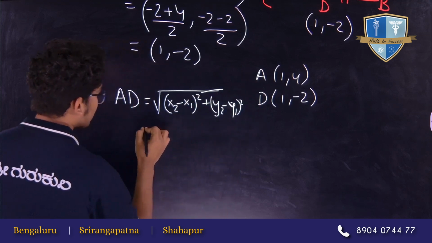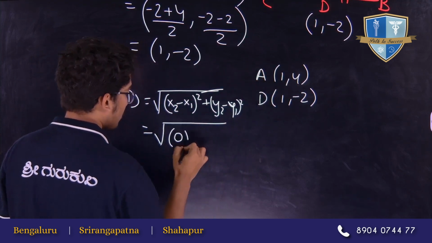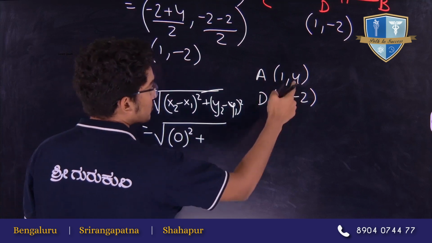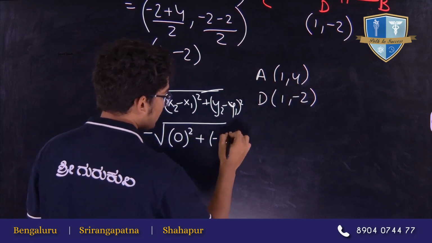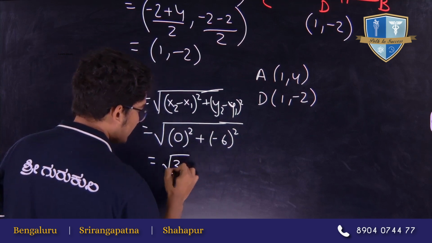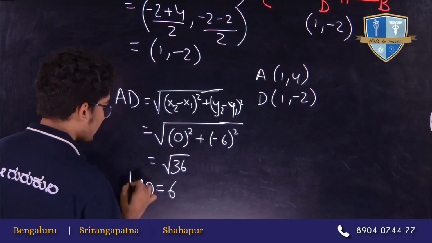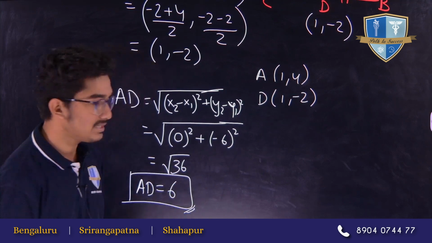So the root of (1 - 1)^2, which is 0, plus (-2 - 4)^2, which is (-6)^2. This equals the root of 36, which is 6. So our length AD is 6. The length of our median is equal to 6.